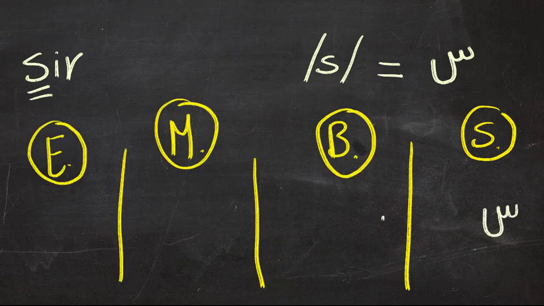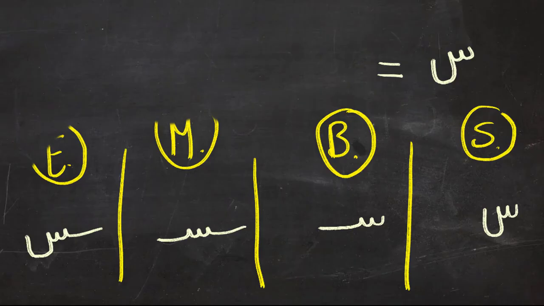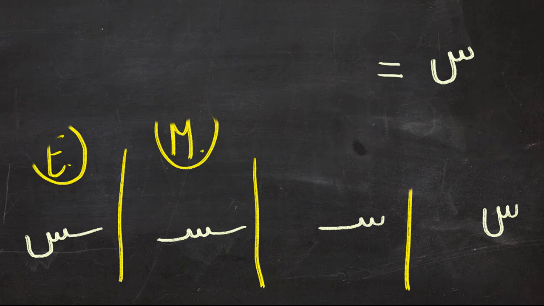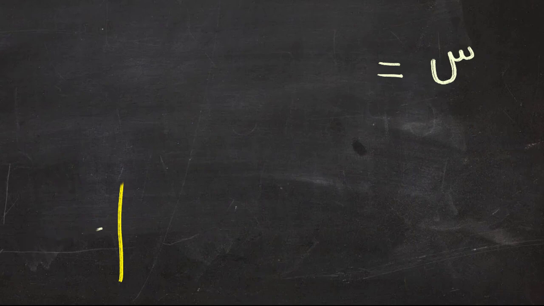The 4 positions are as follows. And the next letter is sheen, which is very clearly the same as sin, with the exception of the 3 dots on top of it.